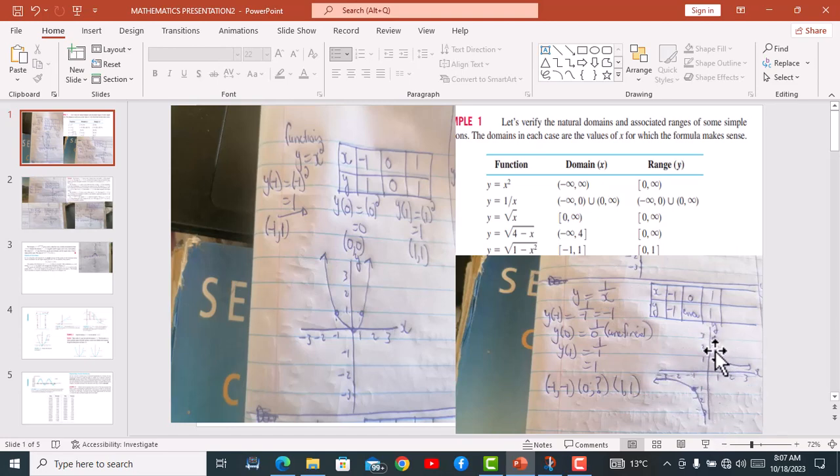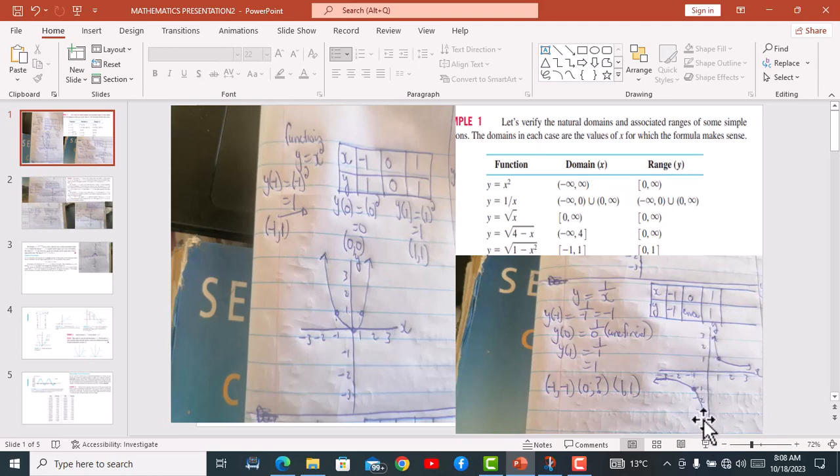This will be the shape of the hyperbolic function. So the y-axis becomes the vertical asymptote of the graph, and the x-axis becomes the horizontal asymptote.